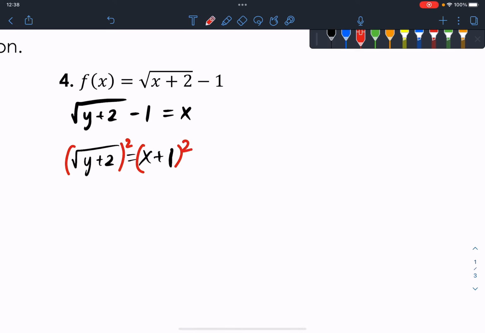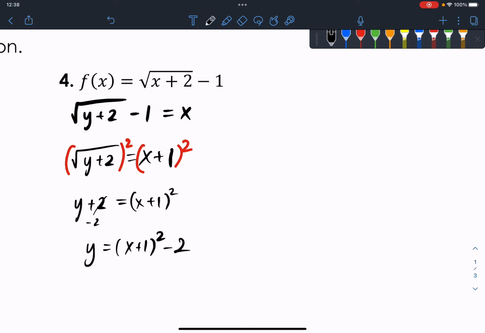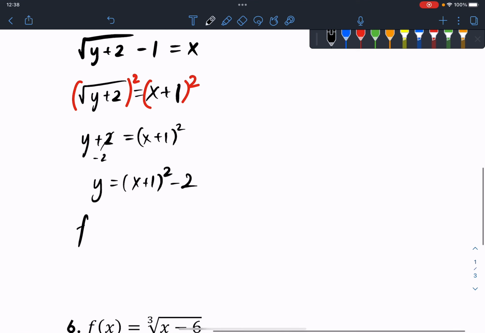We're going to square both sides. And then we're going to subtract 2 from both sides to get rid of the 2. So y would equal x plus 1 squared minus 2. And that's our inverse.